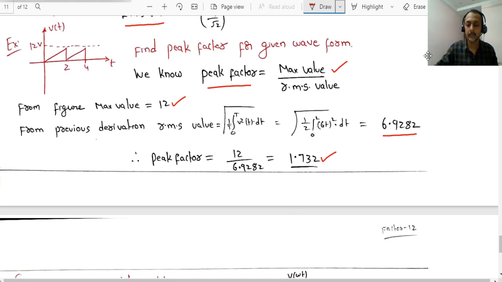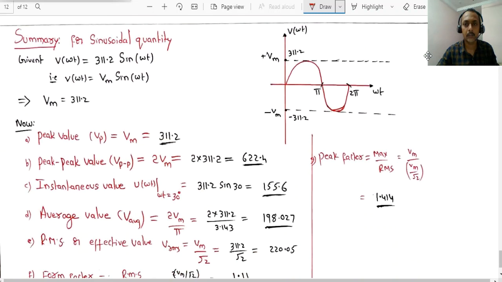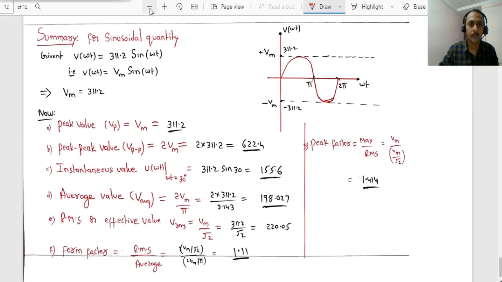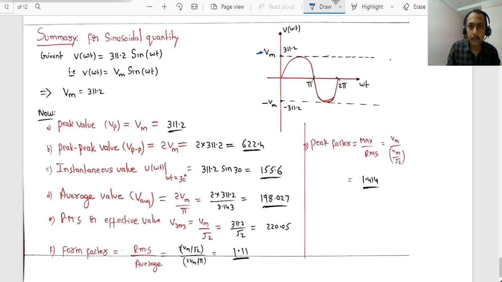Clear? Now, dear students, let me summarize all the important aspects with respect to the sinusoidal waveform. The waveform is given like this. Its positive peak is plus Vm, 311.2, and the negative peak is minus 311.2, right?